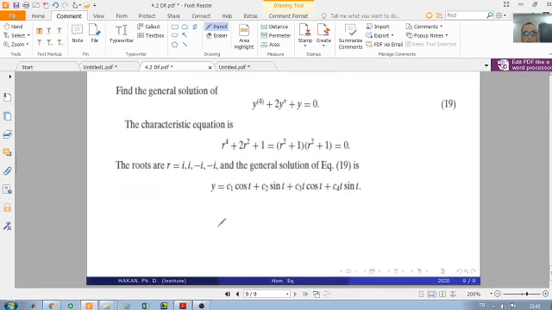And another example, find the general solution of this differential equation. So the characteristic equation is r to the 4 plus 2 r squared plus 1, you see easily. And we can easily find the factors. So this is actually equal to the multiplication of r squared plus 1 two times.